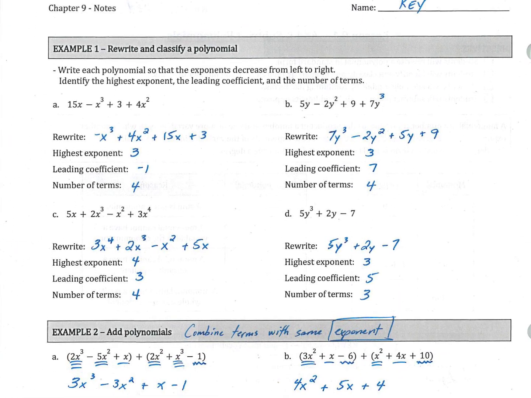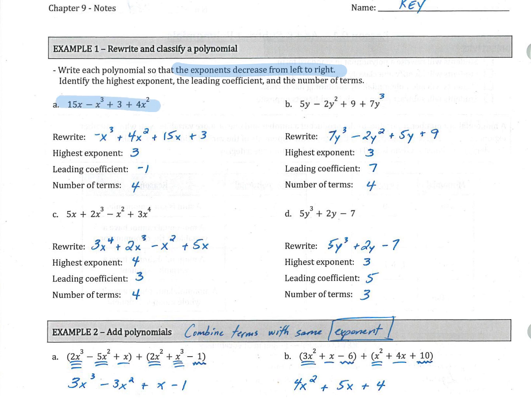If you go to the back side of your worksheet, there's a few examples about rewriting polynomials. What we need to do in these examples is rewrite so the exponents decrease from left to right. That means they get lower.